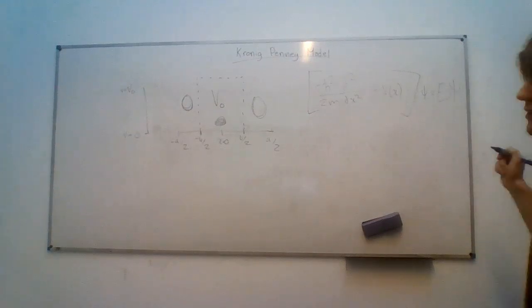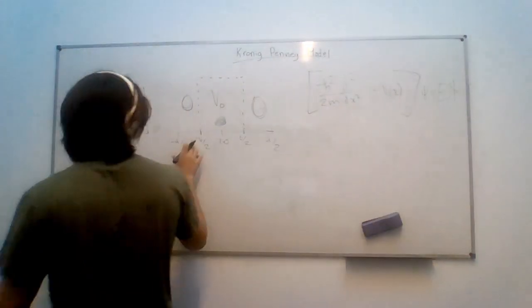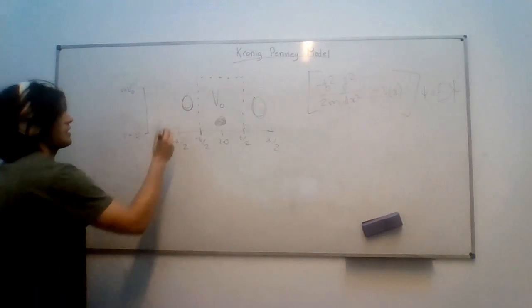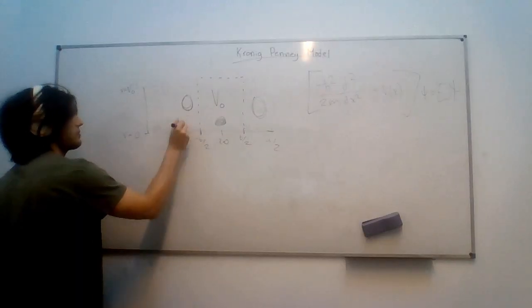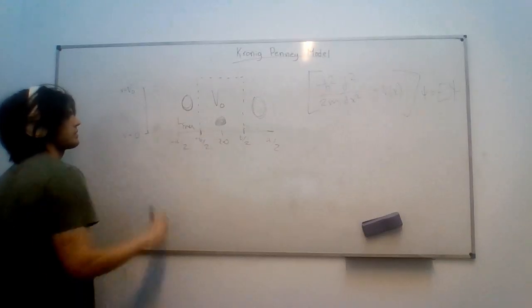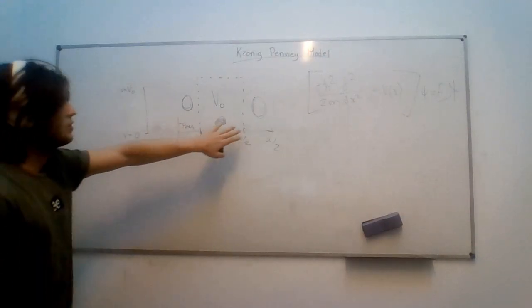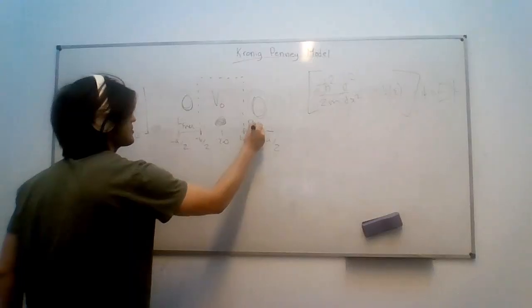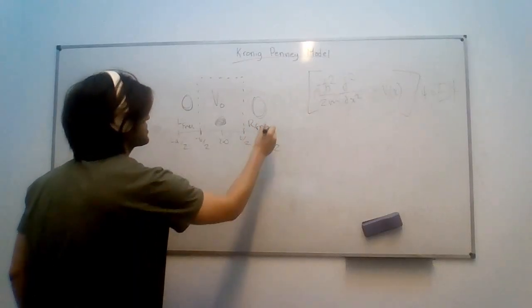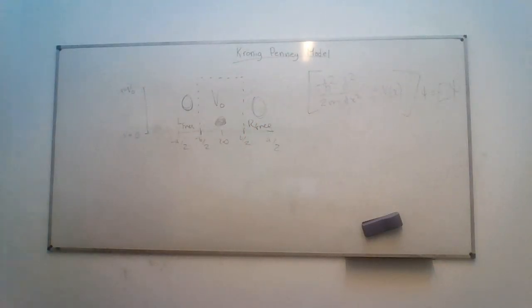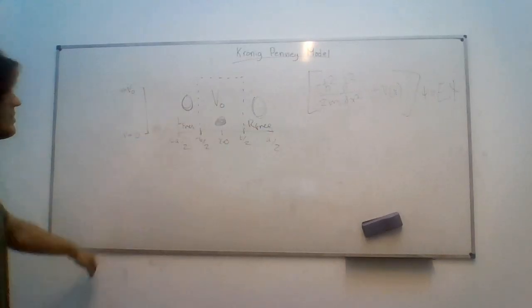I'm going to call this region to the far left the free electron region, and then I'm going to call this the right free electron region. Because in these parts of the lattice, the electron acts as a free particle completely. It has no potential.